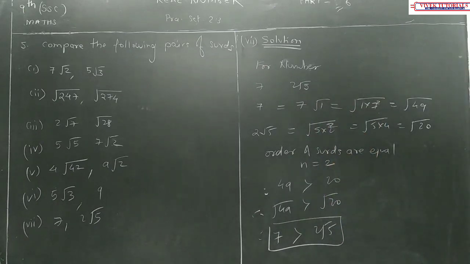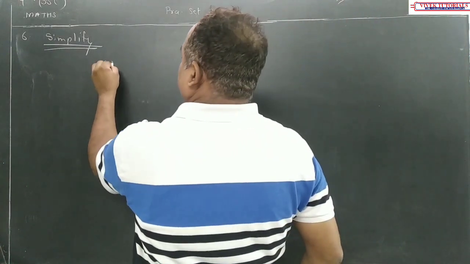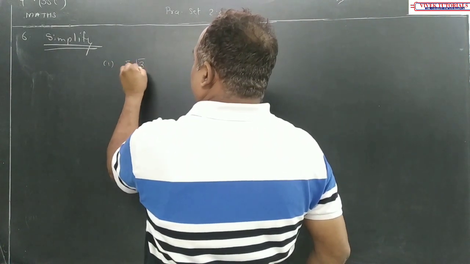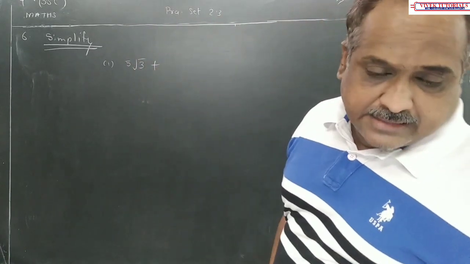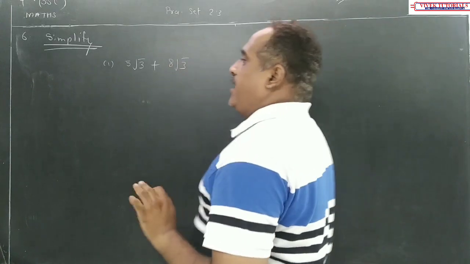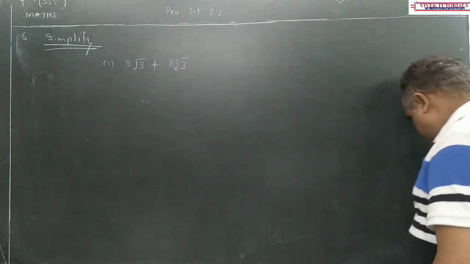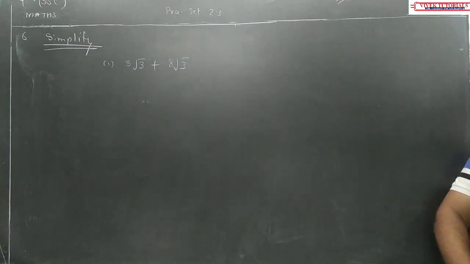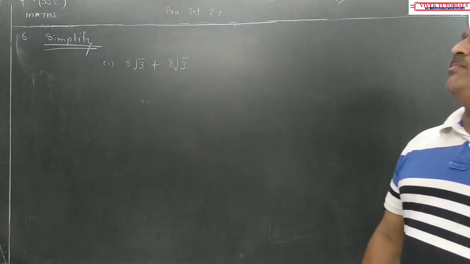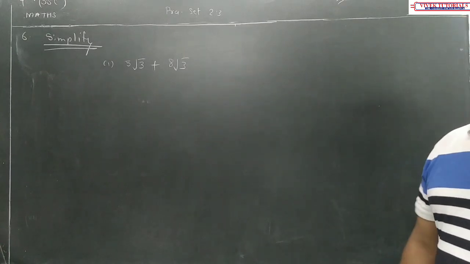Copy down it properly. Simplify. First question is 5 root 3 plus they have given 8 root 3. Now see, it is 5 root 3 and 8 root 3. So when we are considering here, we are going to consider the similar, like surds.